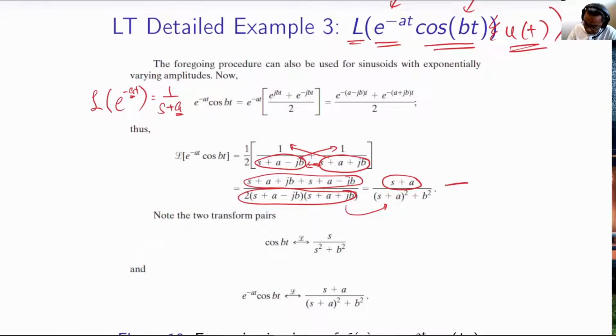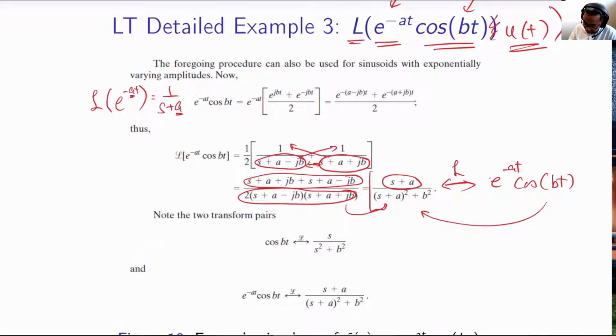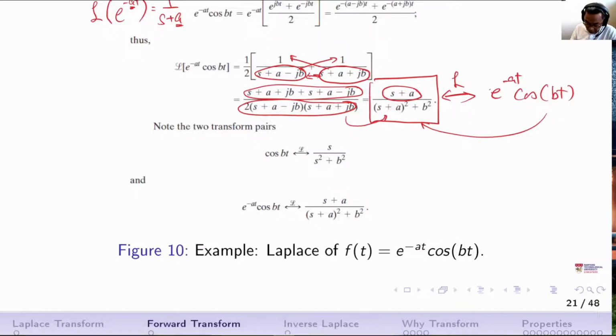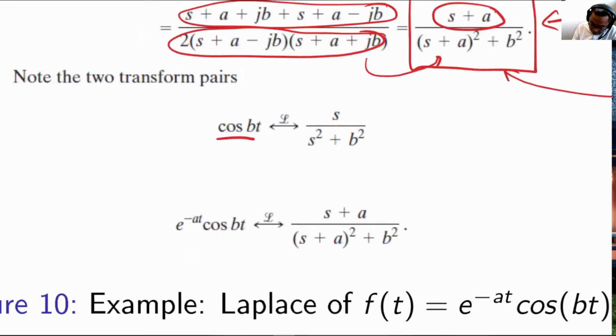The Laplace transform of e minus at cosine bt is equal to this expression over here. Now, observe this. We have cosine bt. The only thing we add is this guy, e minus at.